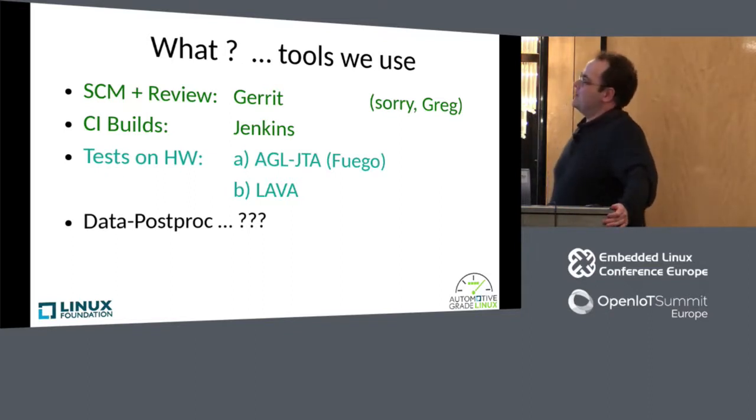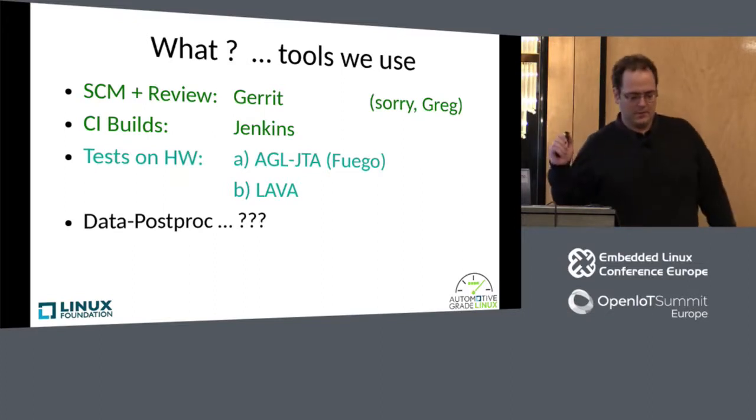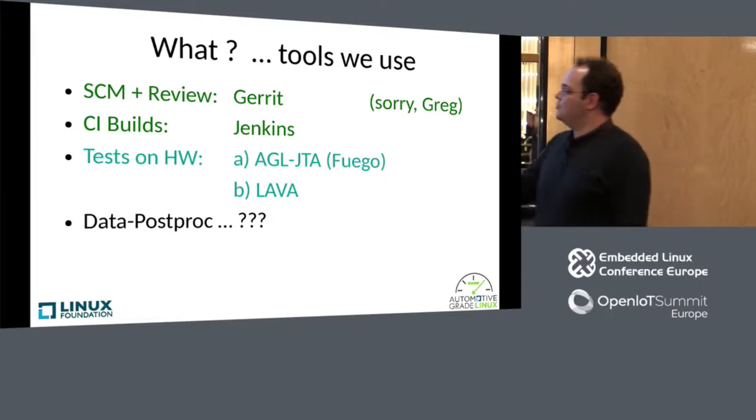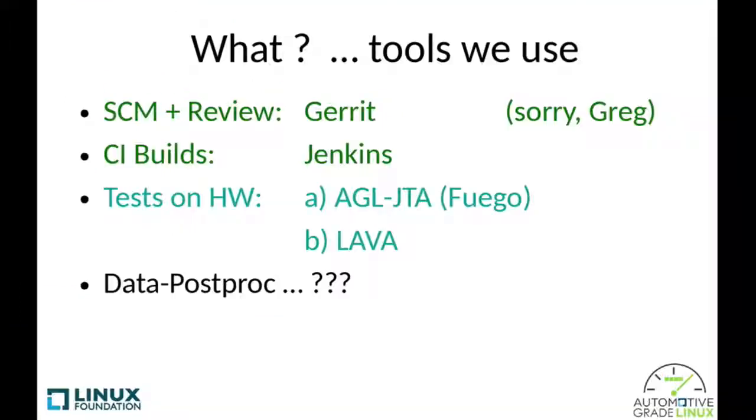For the tests on the hardware, right now we use two, and I will tell you for which part of the game we use which. One is AGL JTA, which is basically Fuego, and the other is LAVA. The big work-in-progress target is how we post-process all the data we gather. That's in most cases still a question mark or being worked on.